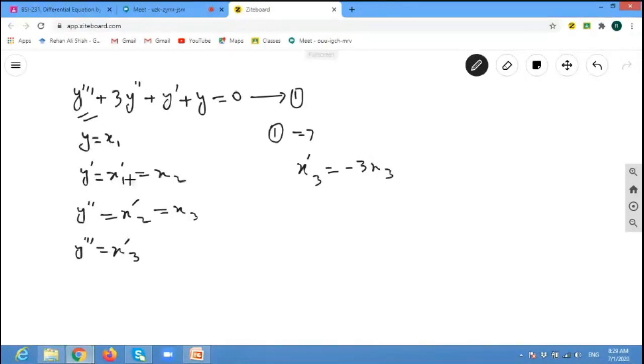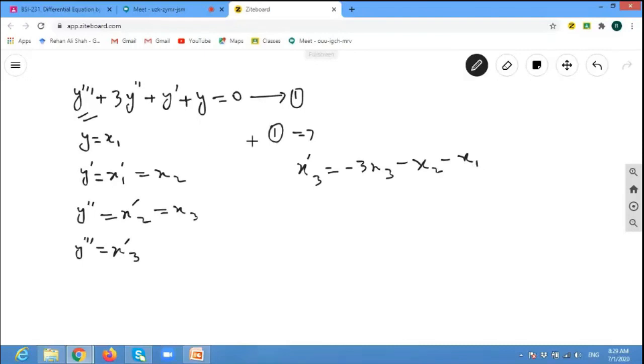And minus y dash means minus x2. And what is y? This will become minus y, and minus y is minus x1. So this is minus x1.